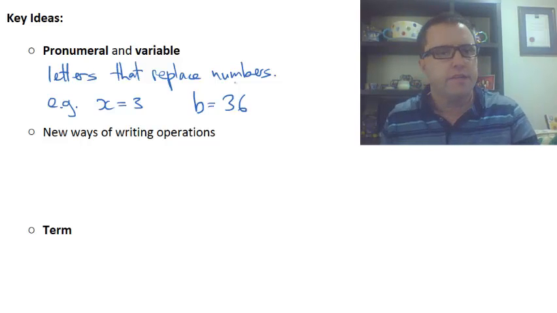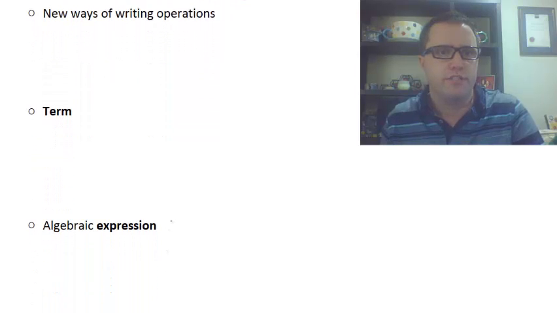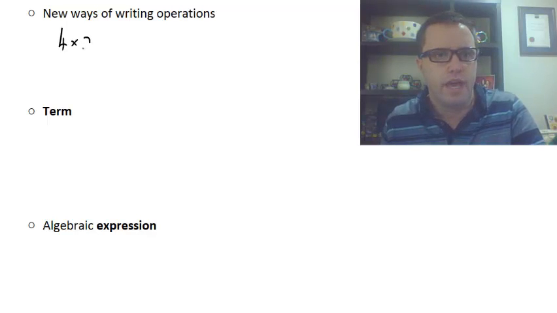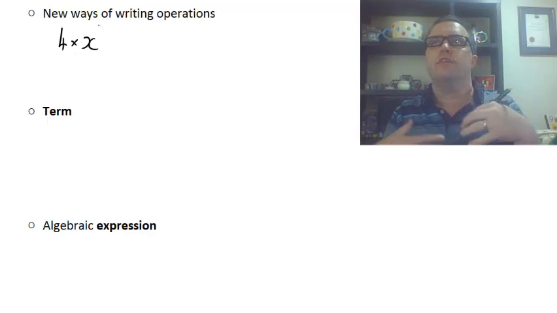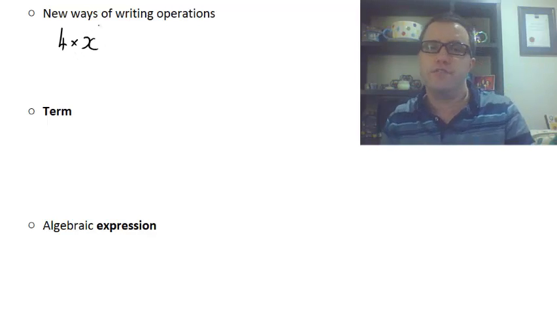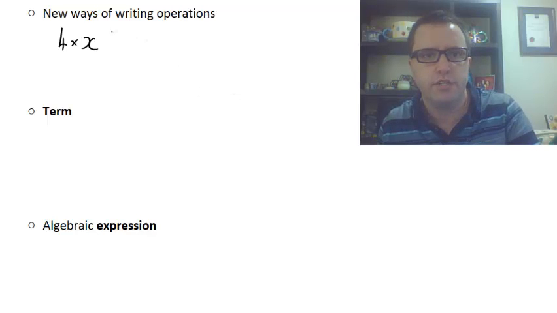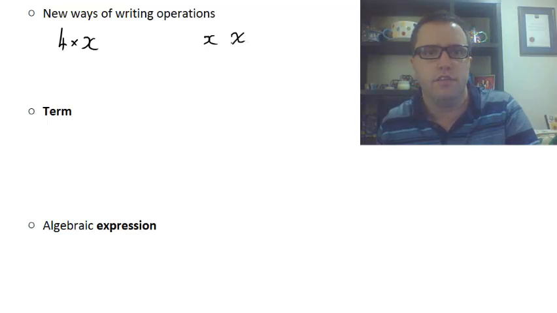There are some new ways of writing some operations as well. In the past, we might write 4 times x. Now you see the way I've written the x there. It's deliberate, to distinguish it from a multiplication symbol. So you want to write your x like a curvy line thing like that.